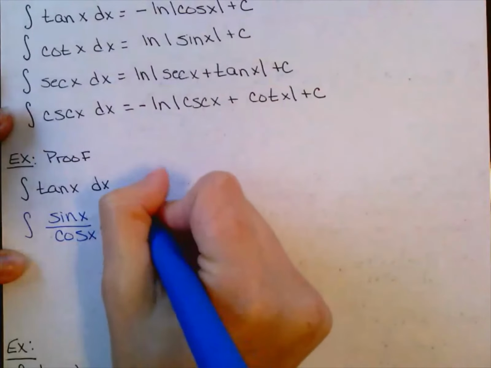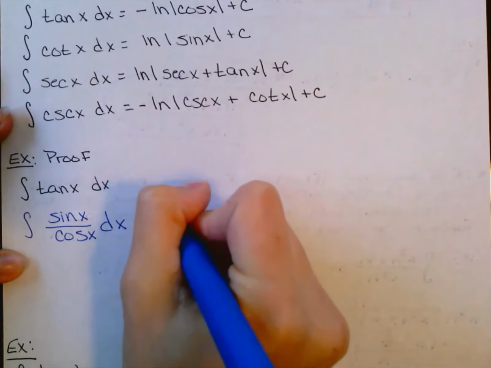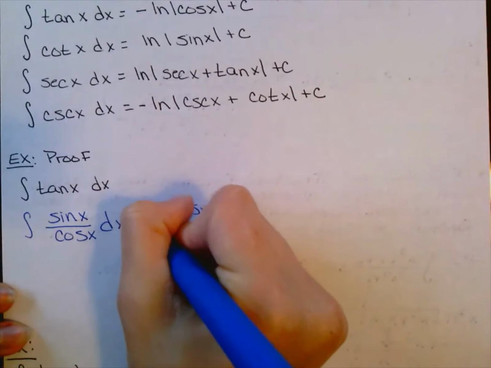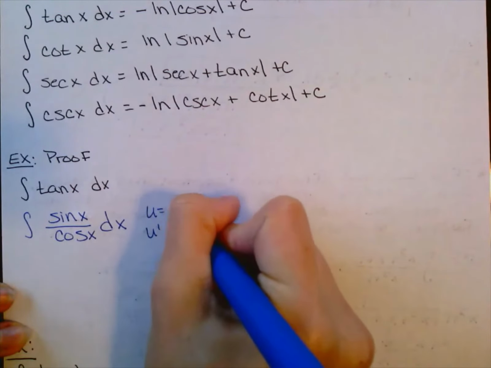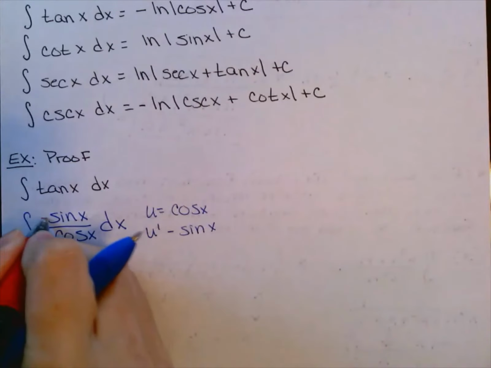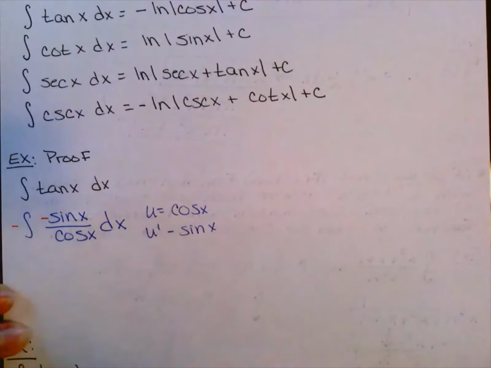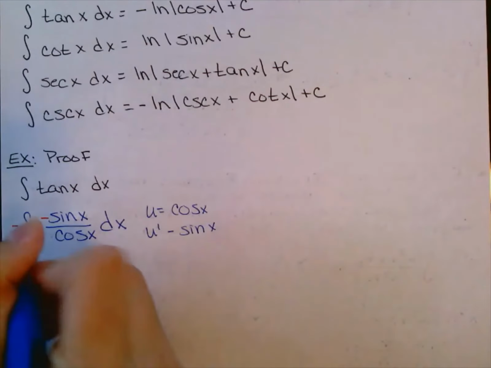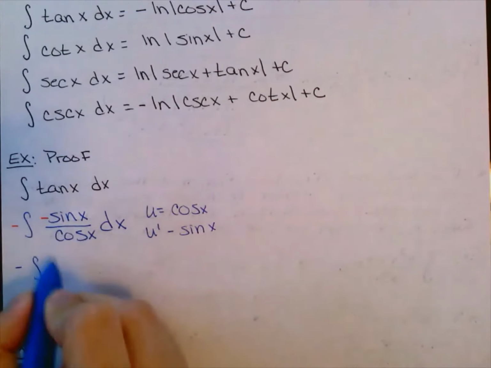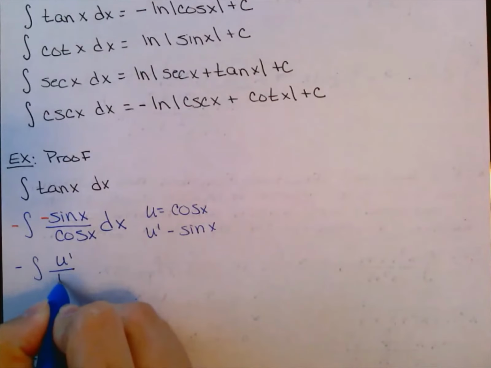So if I say u is cosine, u prime is a negative sine of x, which means that I would just be missing a negative here, and I can place it as long as I place one on the outside, which leads me to write negative integral of u prime over u.